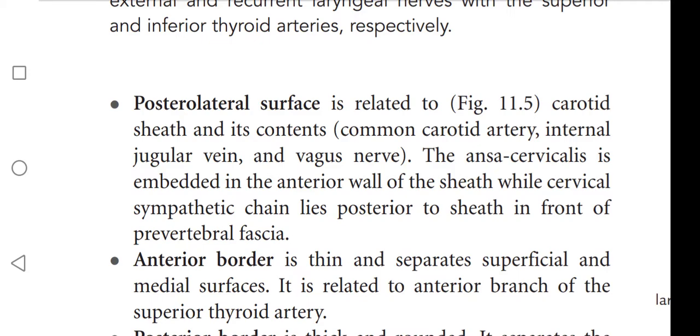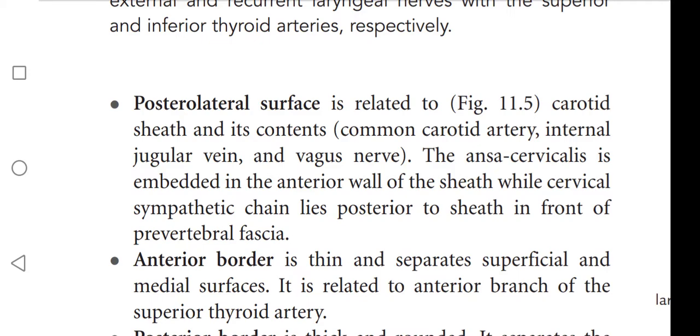What is the artery? Common carotid artery. What is the vein? Internal jugular vein. What is the nerve? That is vagus nerve. CIV: C means common carotid, the first, an artery. I means the second, a vein, that is internal jugular vein. Next V, the last one is vagus nerve.